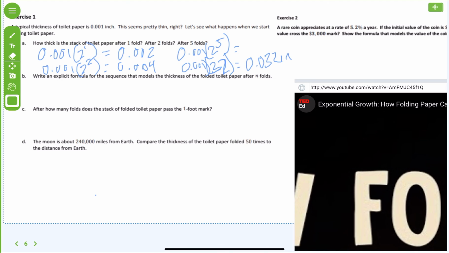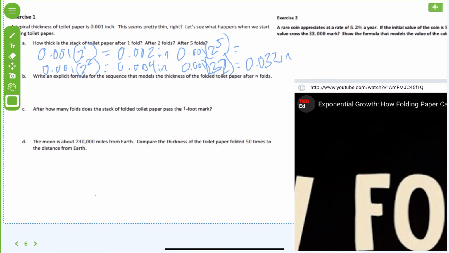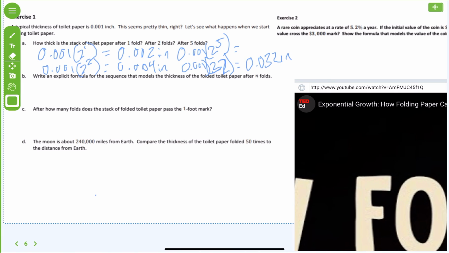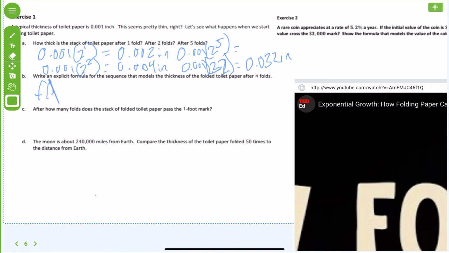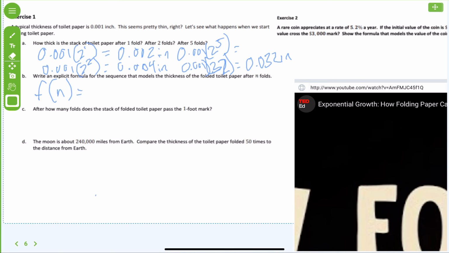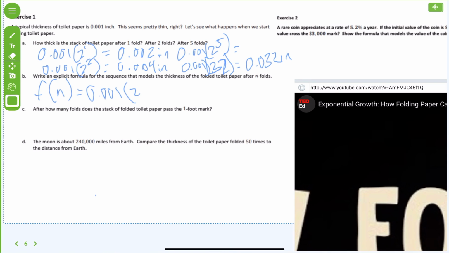All these are inches, okay, so it jumps significantly just in those 5 there. Write the formula for the sequence that models the thickness of the folded paper after n folds. Well, we basically just did that. We said f of n is equal to 0.001 times 2 to the n power.